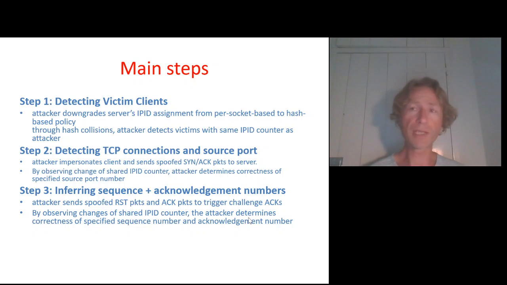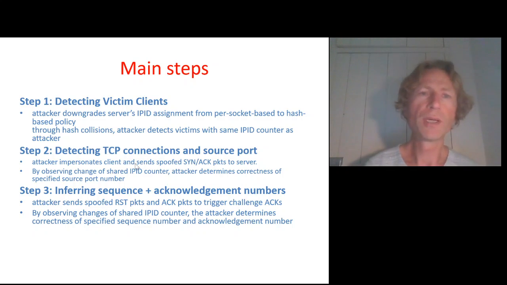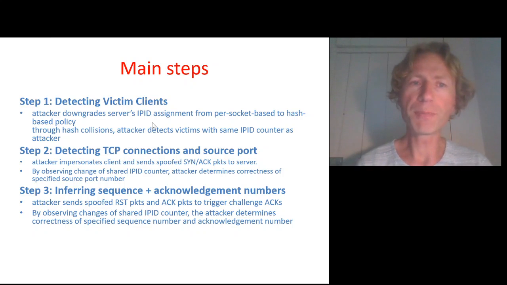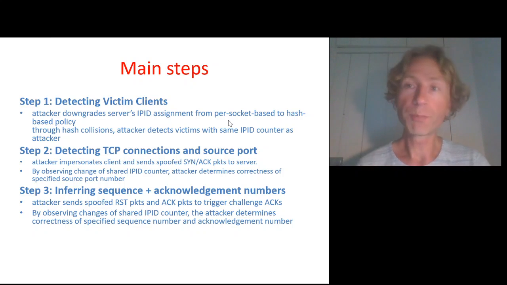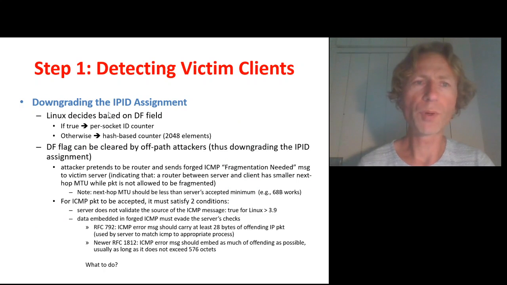So let's start with step 1, right, where we want to downgrade the server's IP ID assignment from the secure per socket policy to the hash-based policy. Okay. And to do that, we're going to look at this DF field, the don't fragment field. We already saw that if the don't fragment field is set, we go to per socket ID counters, and if it's not set, so if it's 0, we'll use this less secure hash-based counter, which uses 2048 elements.